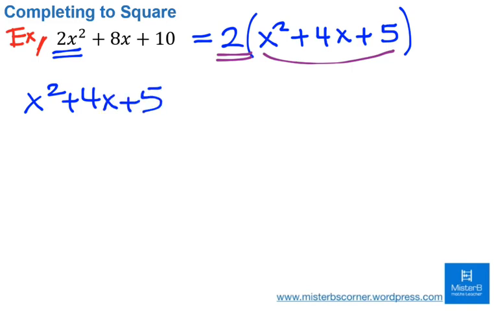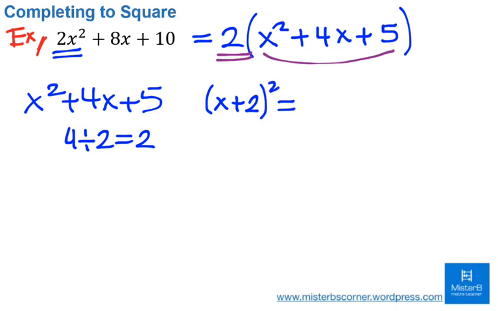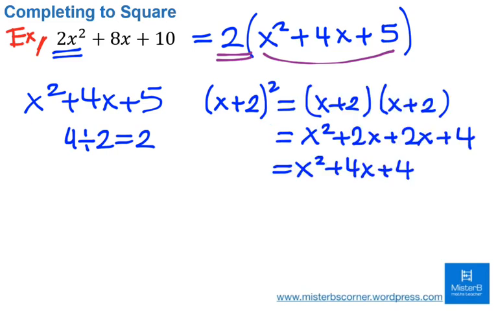Now, 4 divided by 2 is 2, so I'm after x plus 2 squared, which is x squared plus 4x plus 4. Again, notice that these two terms are the same. Now, you can see also the difference between the last term.